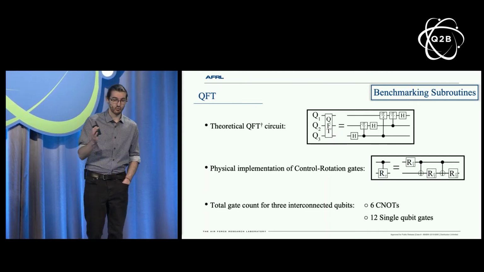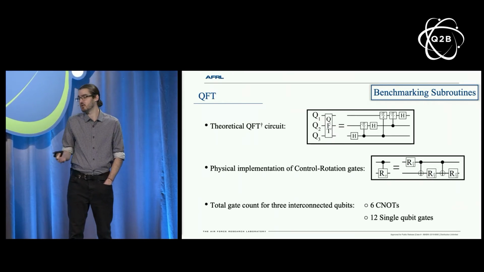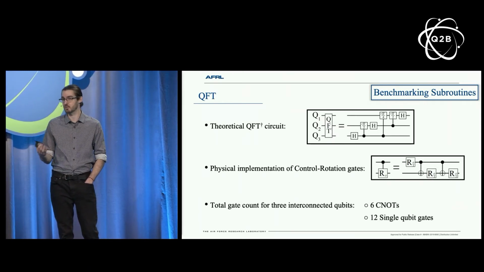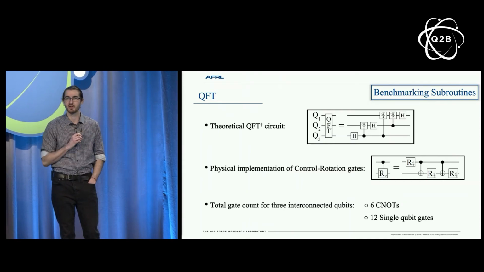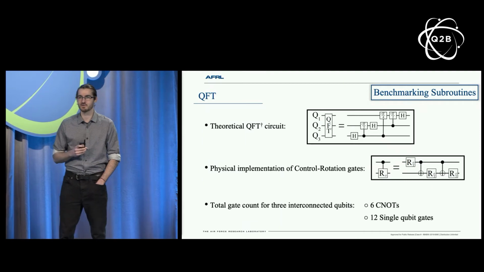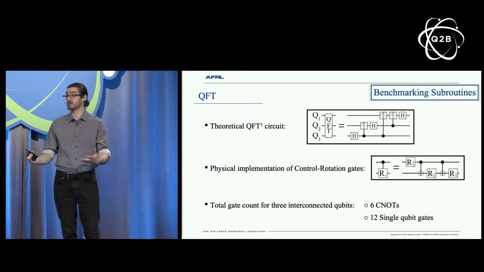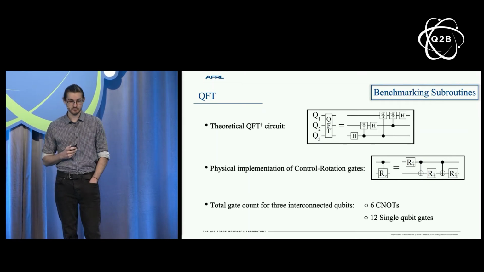If you run that circuit and you work it out mathematically, what you get is a superposition. And you can't really benchmark a superposition because when you go in and probe it, especially this one because they're all equally probable, you don't really know if it was doing its job. Because the role of the QFT is phase, and that's where its power comes from.